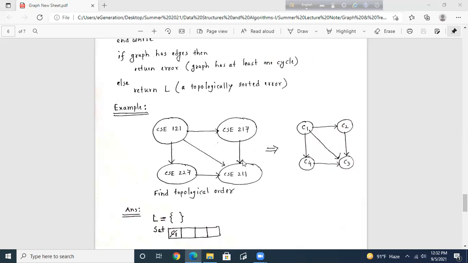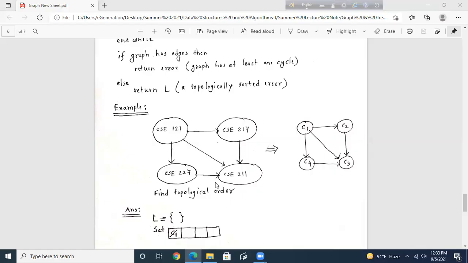Now, dear student, you have to check whether the graph contains a cycle or not. I already told you, for every component of the graph, you have to check whether it contains a cycle or not.